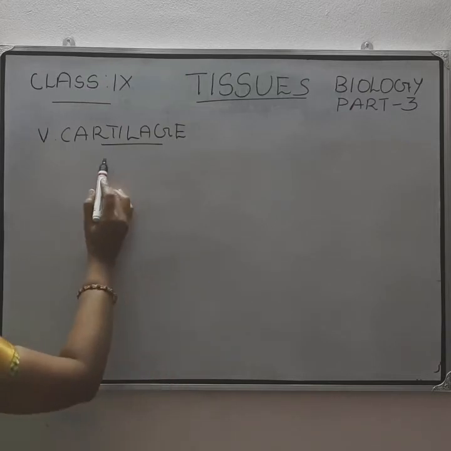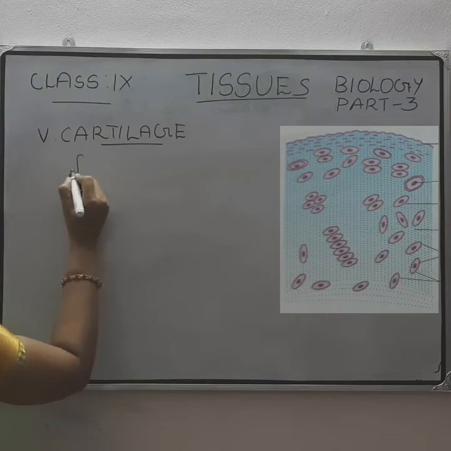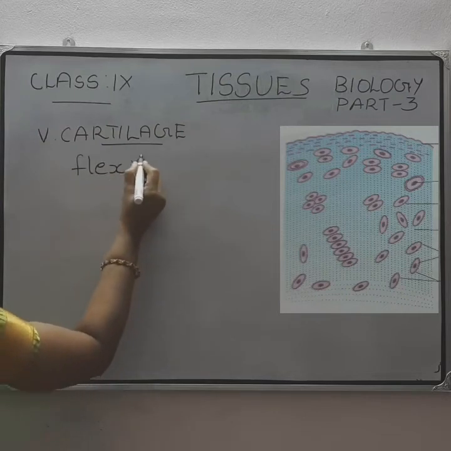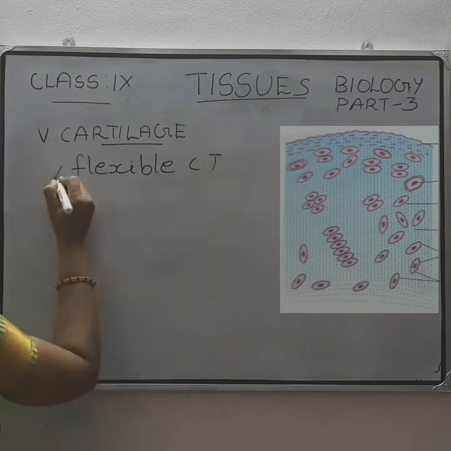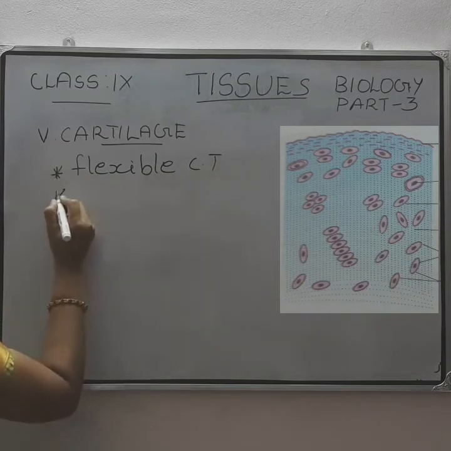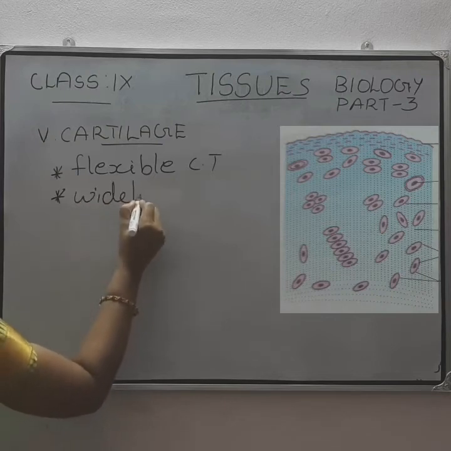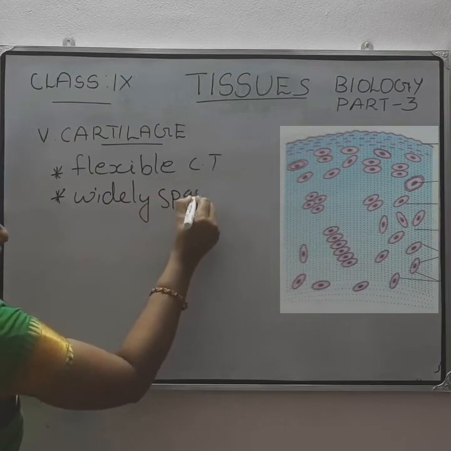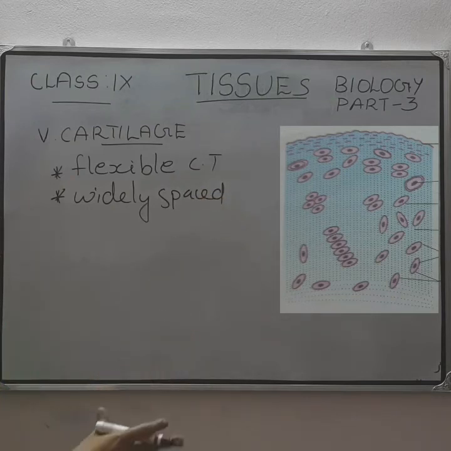Then another connective tissue, cartilage. These are flexible connective tissue, and it has widely spaced cells. Widely spaced cells means in between the cells enough space is there.